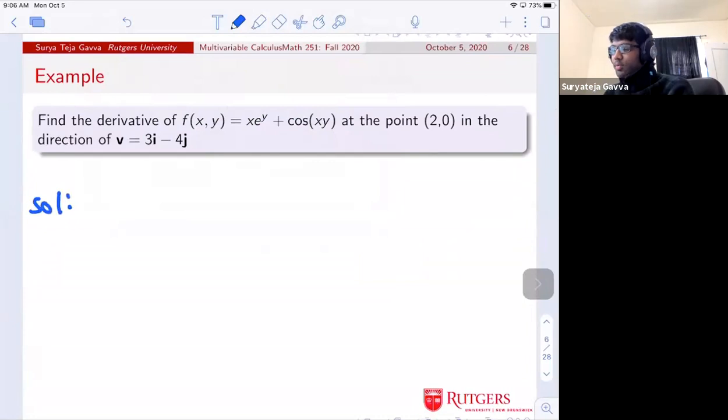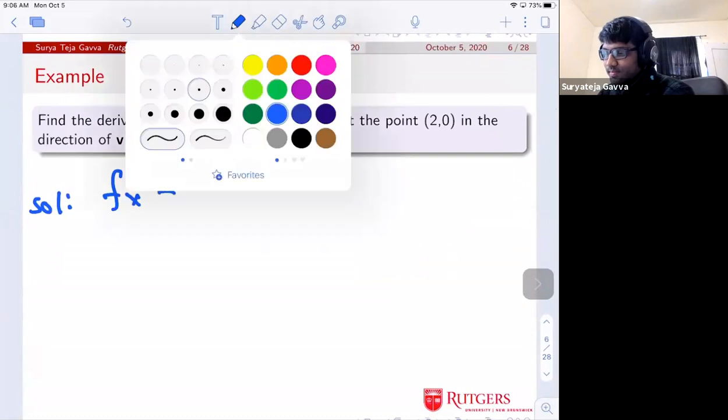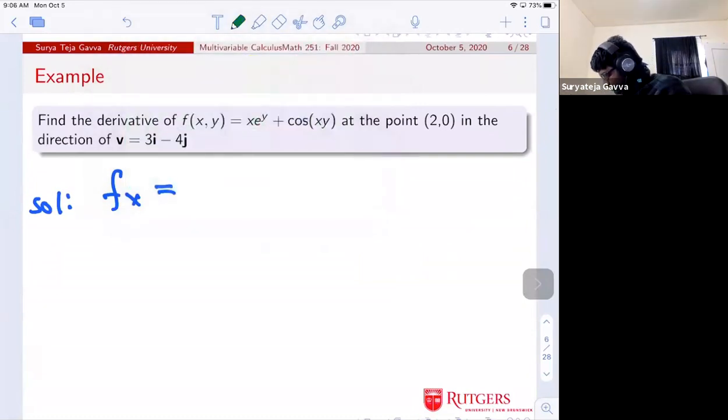Can you tell me the partial derivatives of f? What is fx? F is nothing but x times exponential y plus cosine xy.